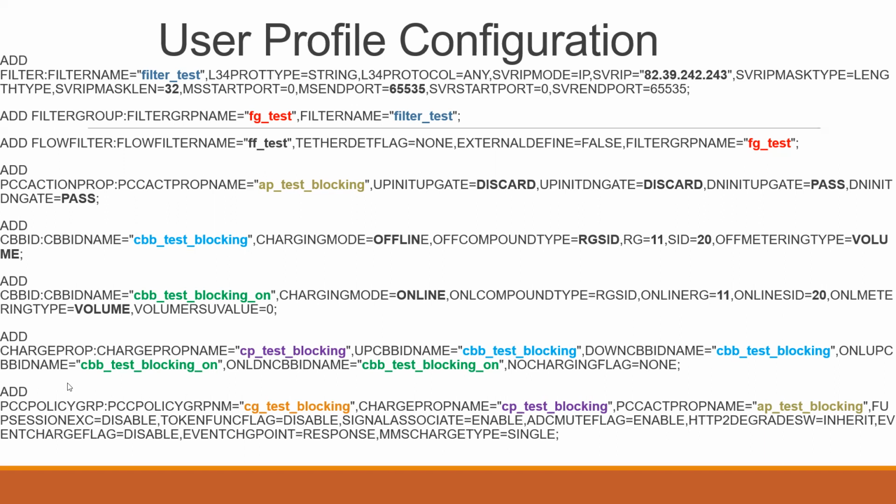Next is your PCC policy group, which basically combines your action property and your charge property. My PCC policy group is CG underscore test underscore blocking. Here the charge property is the one I defined above, CP underscore test underscore blocking, and the action property is AP test blocking. So my PCC policy group is now created.